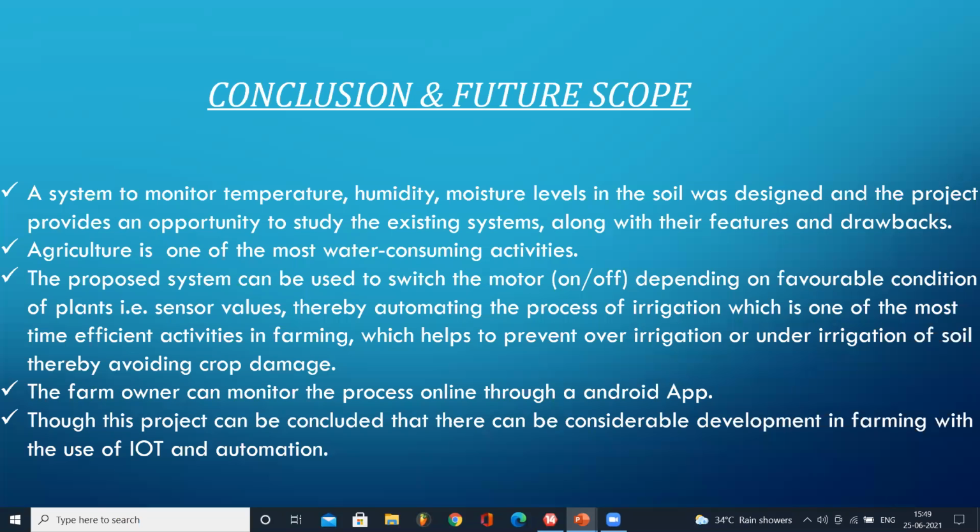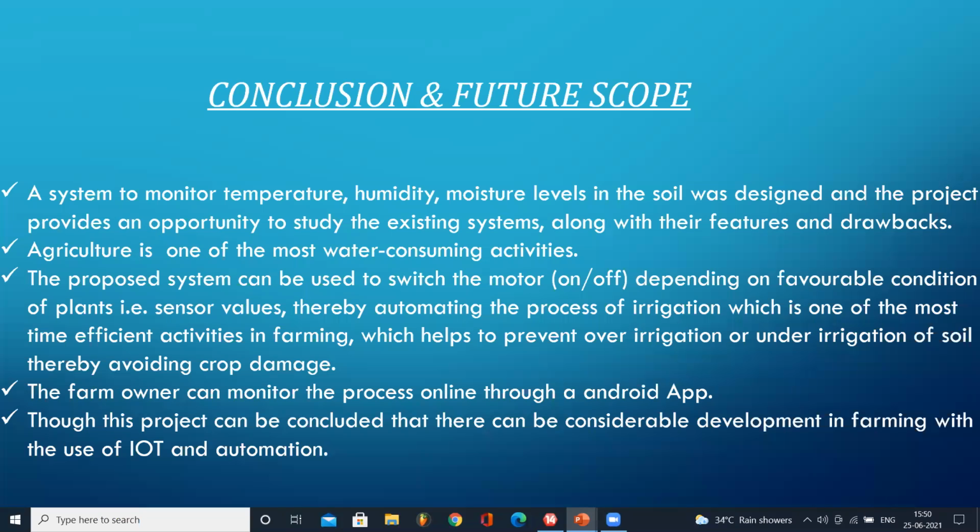The proposed system can be used to switch the motor on or off, depending on favorable conditions of the plants, that is, sensor values, thereby automating the process of irrigation, which is one of the most time consuming activities in farming. This helps to prevent over-irrigation or under-irrigation of soil, thereby avoiding crop damage.